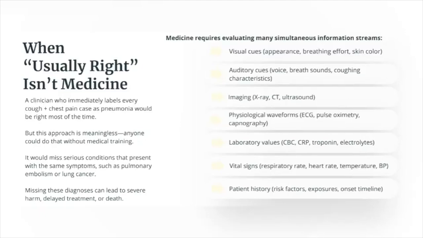Early lung cancer can also look similar. Repeatedly assuming pneumonia could allow the tumor to grow unnoticed. The danger isn't being wrong often, it's being usually right, in a way that hides critical exceptions. This is the accuracy paradox. Getting the majority diagnosis correct can still be unsafe if you miss the less common but dangerous possibilities.